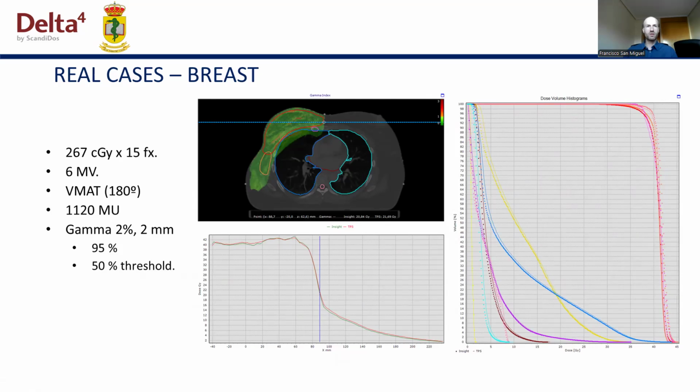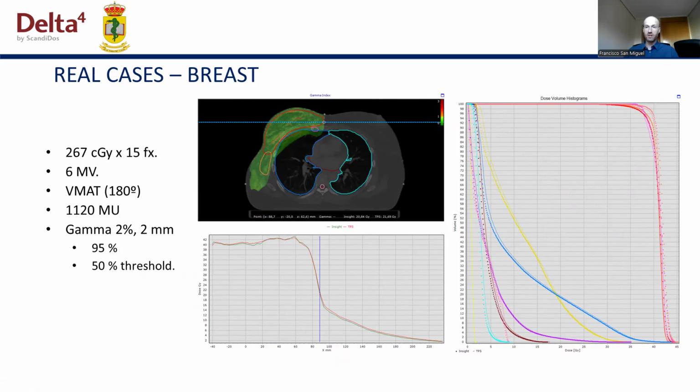The prescribed dose was 40.05 gray in 15 fractions, and the plan was created using 6MV with two 180-degree VMAT arcs for a total of 1,120 monitor units.